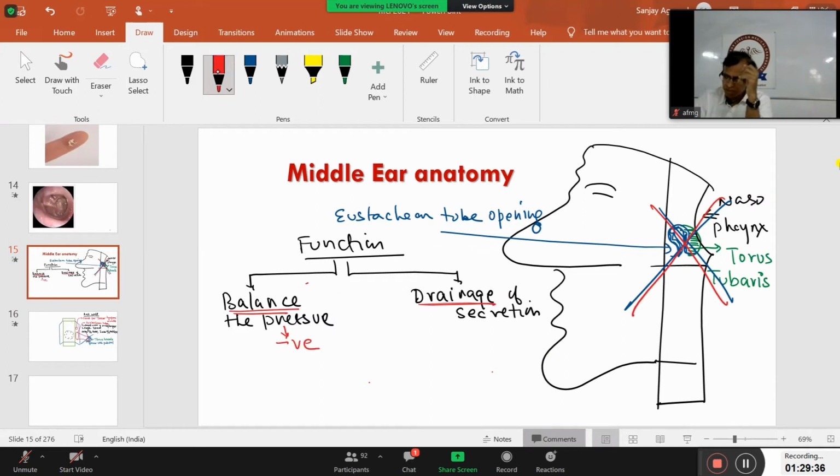And the negative pressure causes two things. One is called barotrauma, and second is called retraction of tympanic membrane. These are two things that will happen if a eustachian tube gets blocked: barotrauma and retraction.